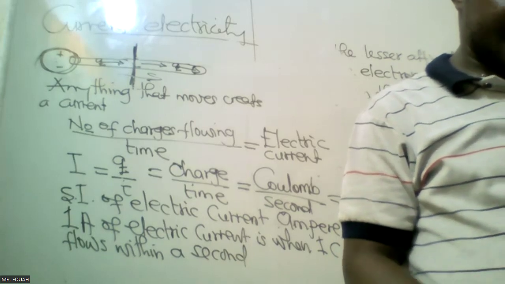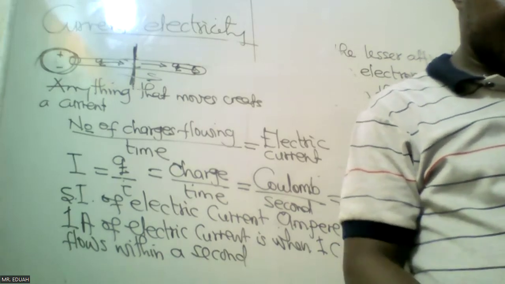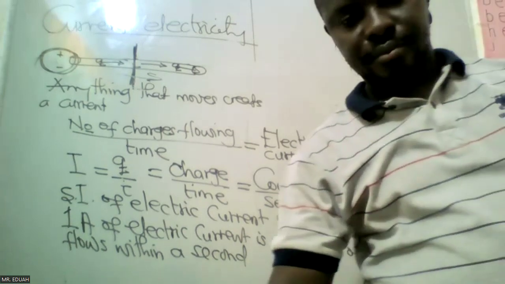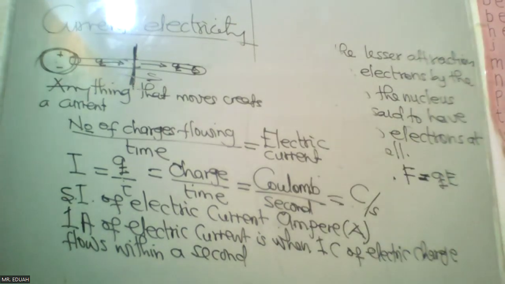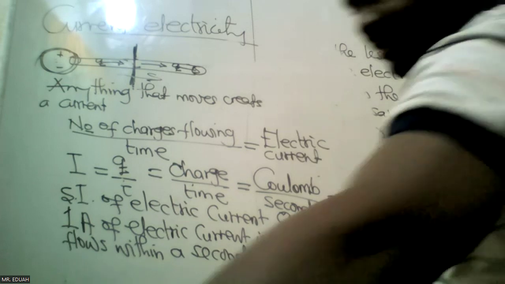Are we okay? Yes, sir. So current is actually the flow of charges within a given time, but we often peg it at 1 second. So 1 ampere of electric current is 1 coulomb of charge flowing within 1 second.